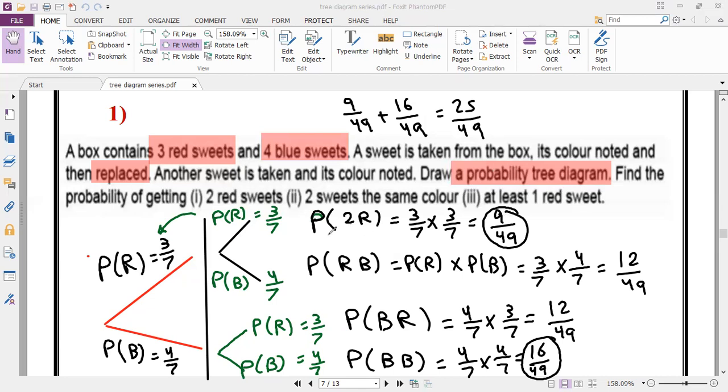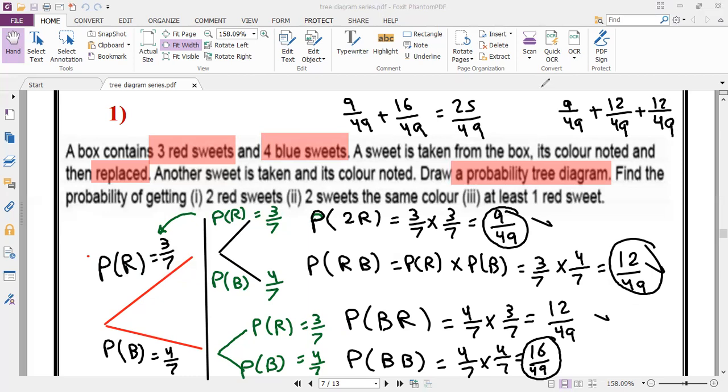So for at least one red sweet, we will take the two red sweets, and we will take one red and then one blue, and then blue and red, and we wouldn't take two blue. So you will add, for this one, 9/49, deal with me, plus 12/49, plus again 12/49.